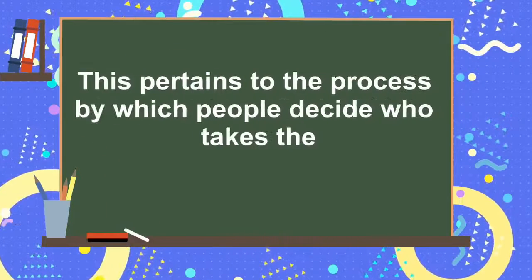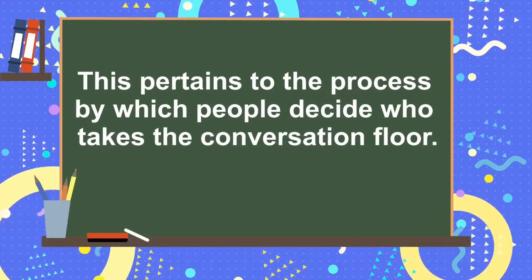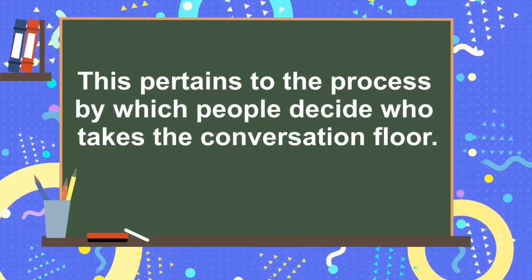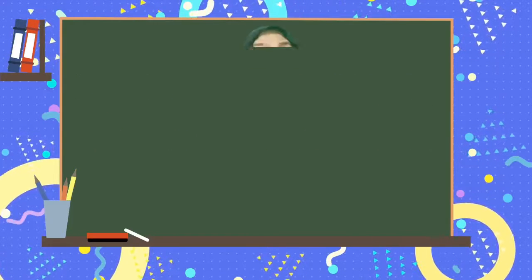This pertains to the process by which people decide who takes the conversation floor. There is a code of behavior behind establishing and nourishing a productive conversation, but the primary idea is to give all the communicators a chance to speak.